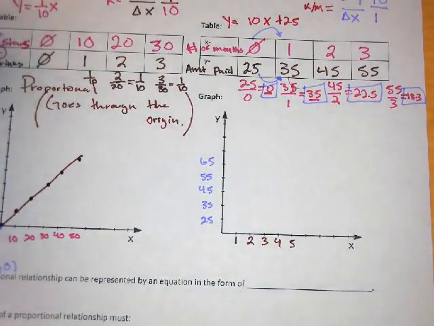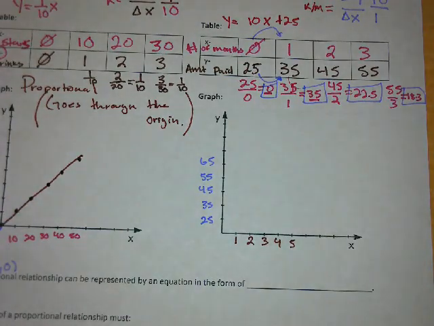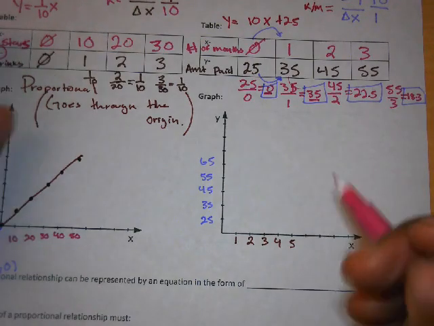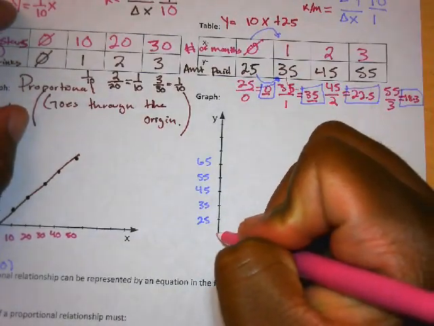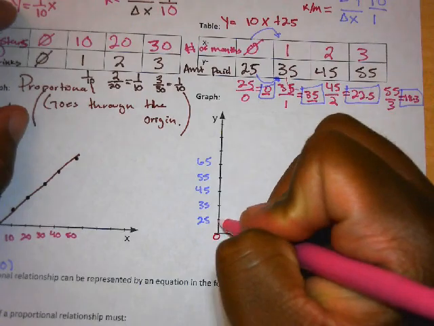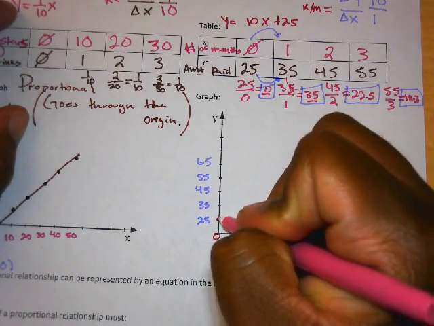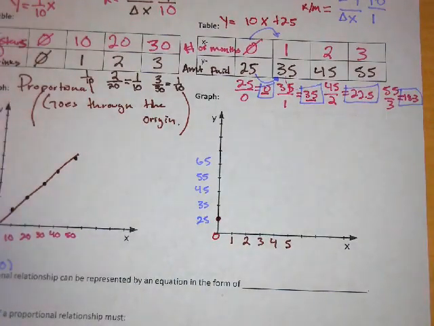Okay. So before I even pay for the first month at 0 months, I still owe $25. So my line starts here at 25.